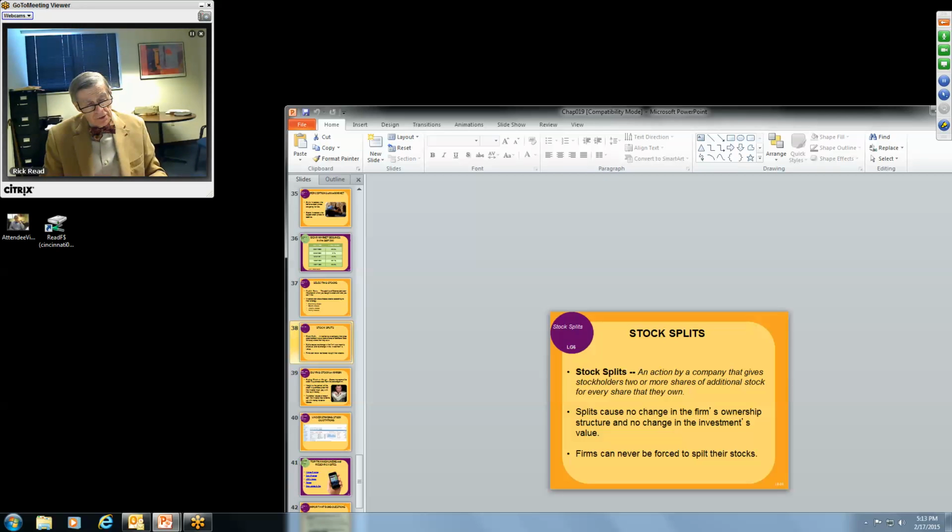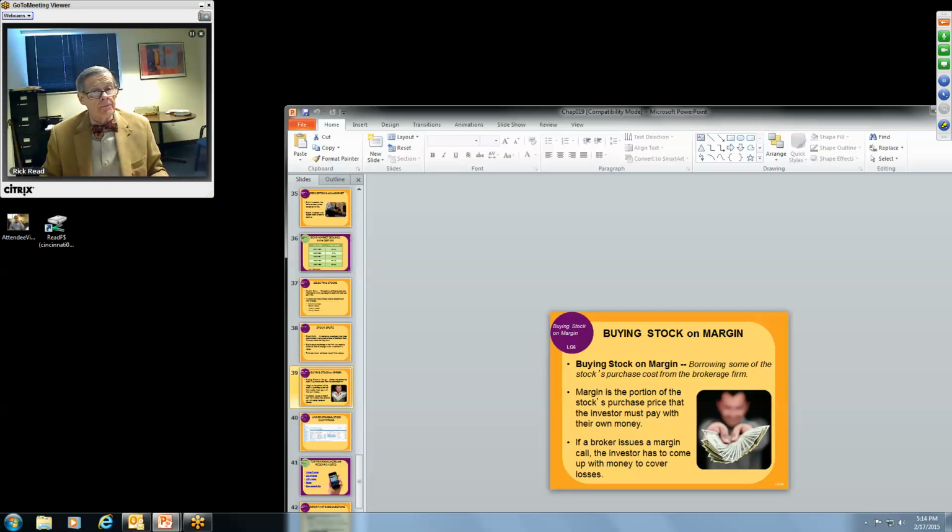Now, obviously, over that period of time, the stock has gone up, and we've made some money on it. But if it was static and it split, we wouldn't have any more money than what we had the day before. And notice the last thing, nobody can force a firm to split stock.